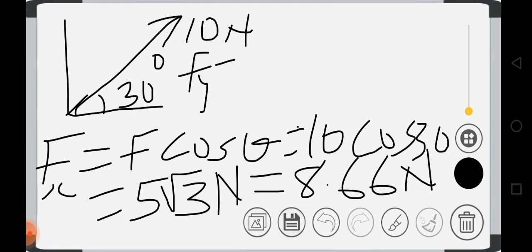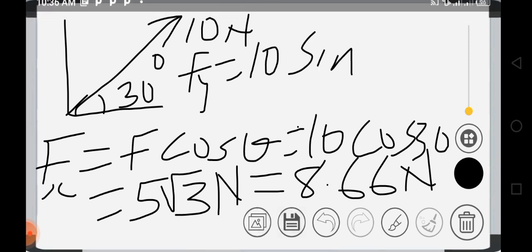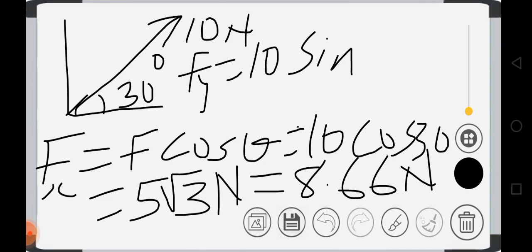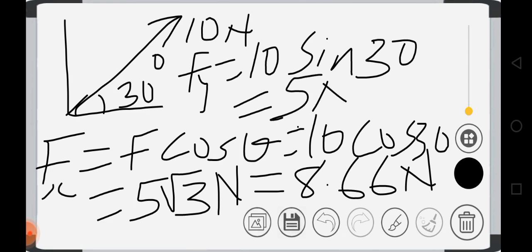Then the y component will be the force, 10 sine 30. So what is 10 sine 30? Sine 30 gives us 5 newtons. Please take note of that. It's very, very important.